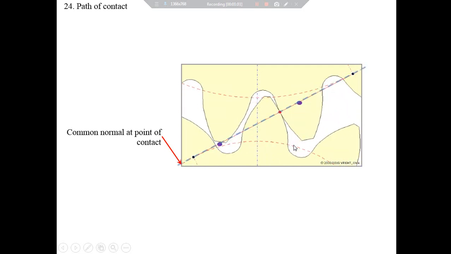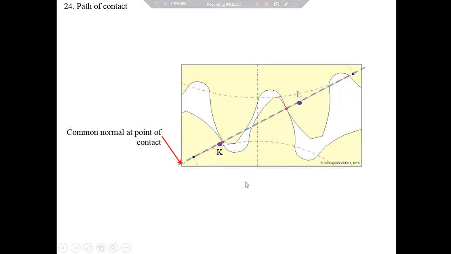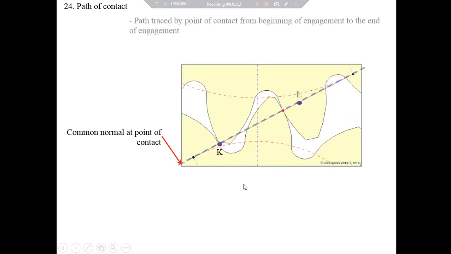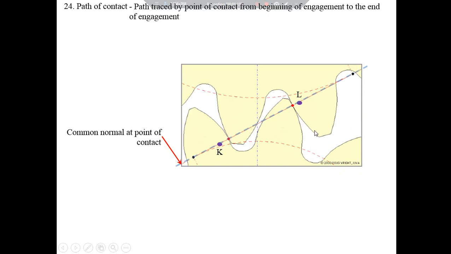Let's name these points as K and L respectively. So now path of contact is the path traced by point of contact from beginning of engagement to the end of the engagement.